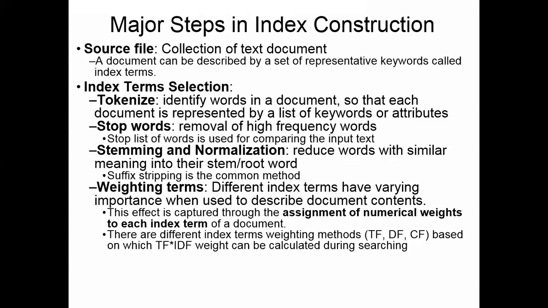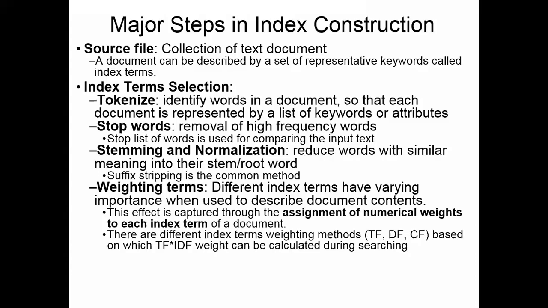Then after identifying weighted index terms, weighted index terms means for each index term, we know their term frequency, document frequency, and collection frequency. That means for each index term we know how many times that term appears in a given document, how many documents across the collection contain it, and how many times that term occurs in the whole collection.